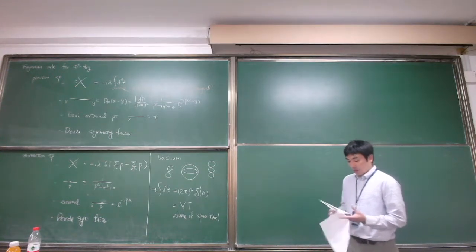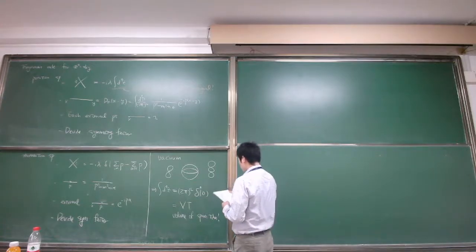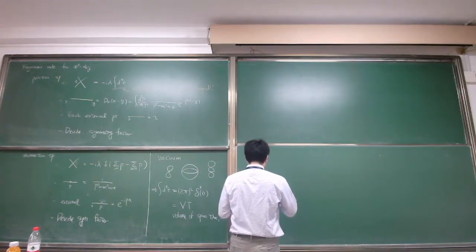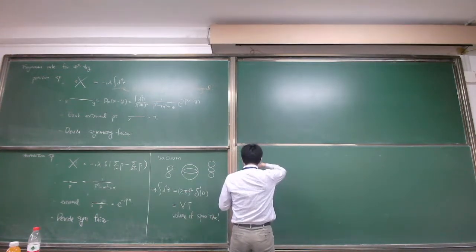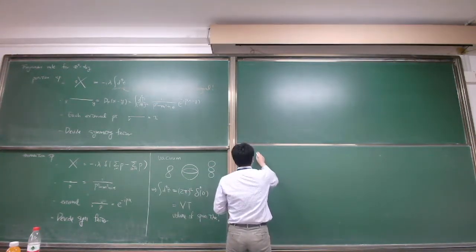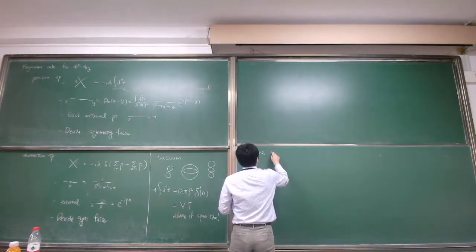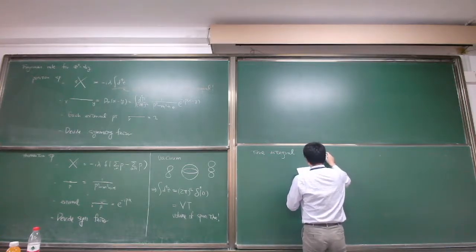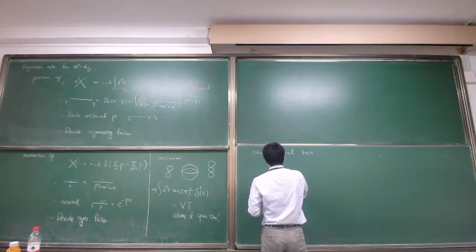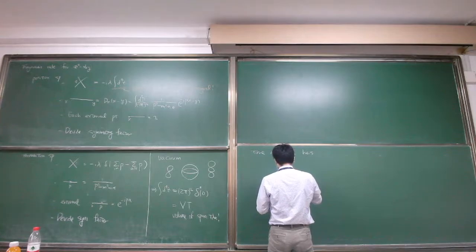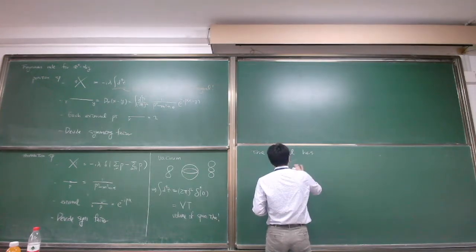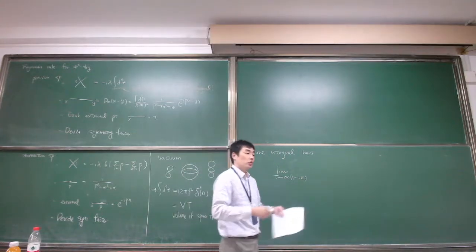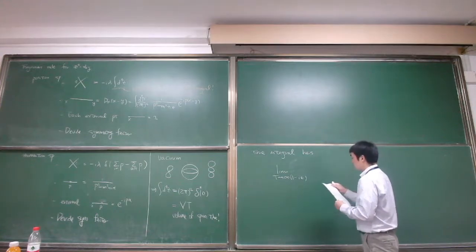Also, there's an issue about the time integral. The limit is such that this i epsilon is shifted to get the vacuum, which is what we did.